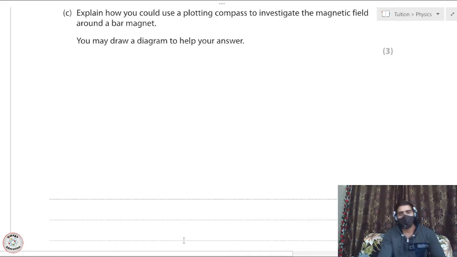So basically you have to draw a magnetic field around a bar magnet. In order to find the direction of magnetic field around a bar magnet, there is a generic answer for that. Generic answer means every time you get a question like that, you can write down the same statement.